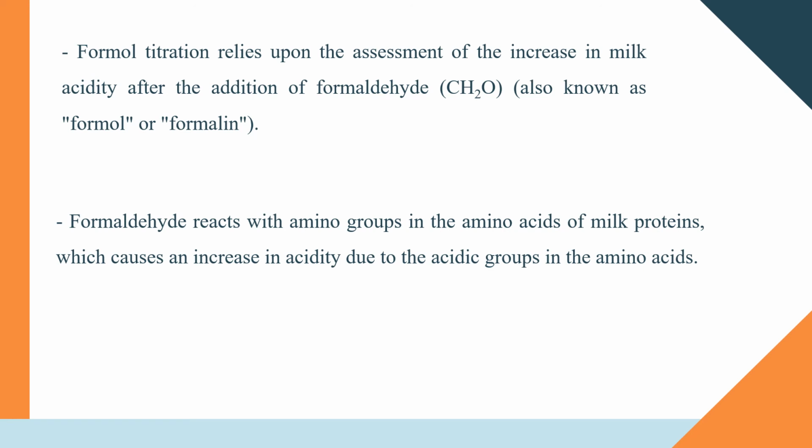With the addition of formaldehyde, the alkaline groups will be bound to formaldehyde, and the acidic groups in the side chains of the amino acids will start to show their acidic effect. So the acidity of milk will increase again. And if you neutralize this increase in acidity, you will have a measurement of the protein content in this sample. It's quite a simple technique, and you can do it in just 2 to 5 minutes.